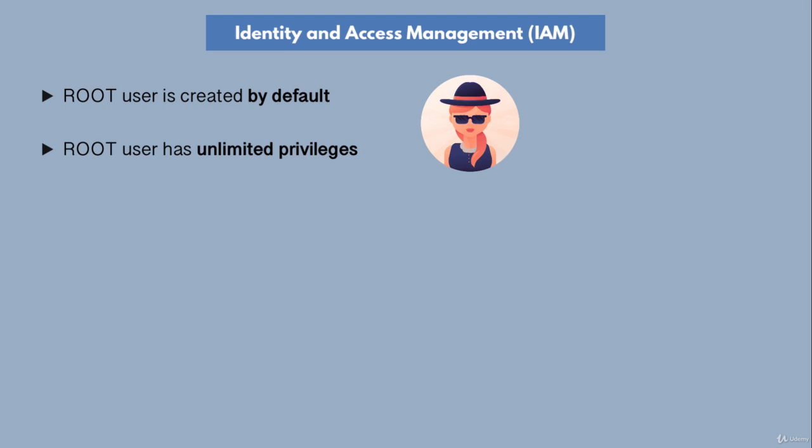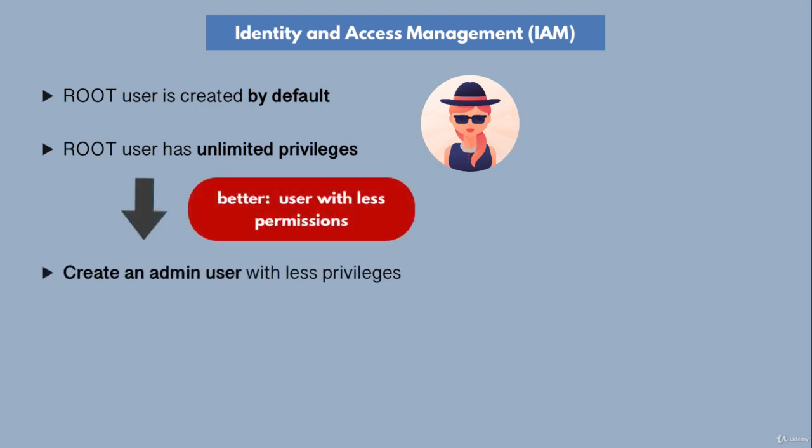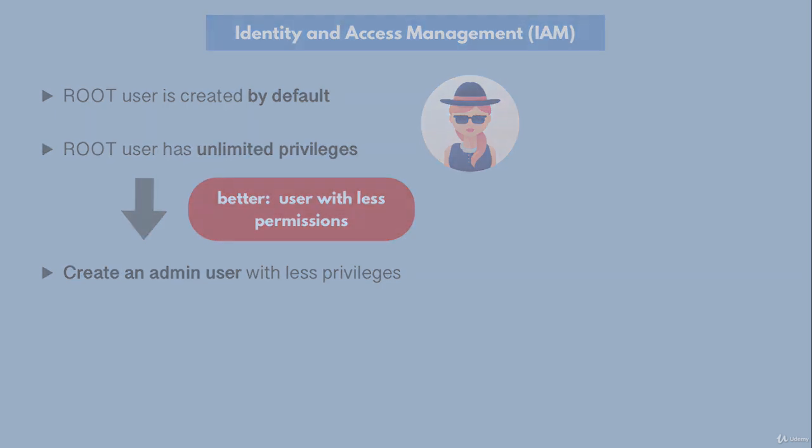So the first thing we want to do when the account is registered is create an admin user that has fewer privileges than the root user, but all the privileges we need to create an EC2 instance and deploy some applications on it.